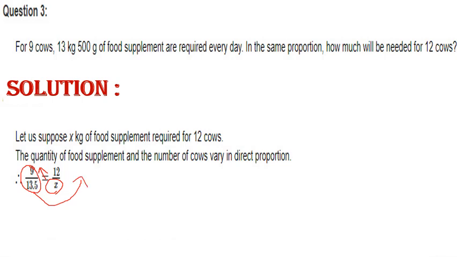So once they get reciprocated, you will get x is equal to 12 into 13.5 divided by 9. So now 12 and 9 are divisible. They come in the 3 table. So 3 3s are 9, 3 4s are 12.